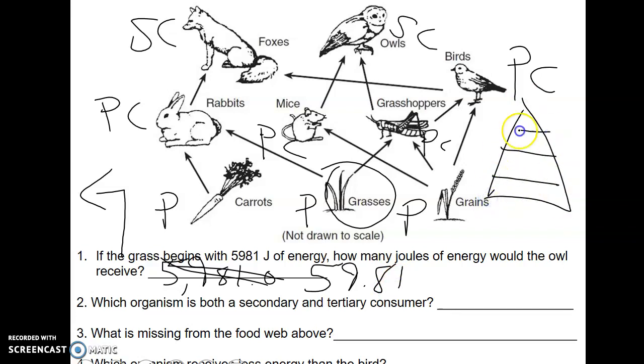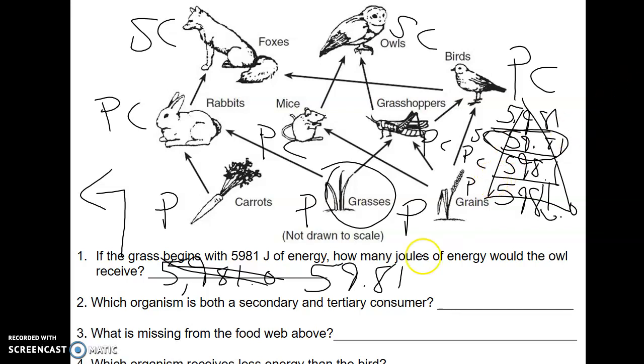If we start out with 5981.0, move 1 over, 598.1, 59.81, and then 5.981. Okay, and this would be your producer, primary consumer, secondary consumer. And that's why our answer is 59.81. And then you go on to answer the other questions.